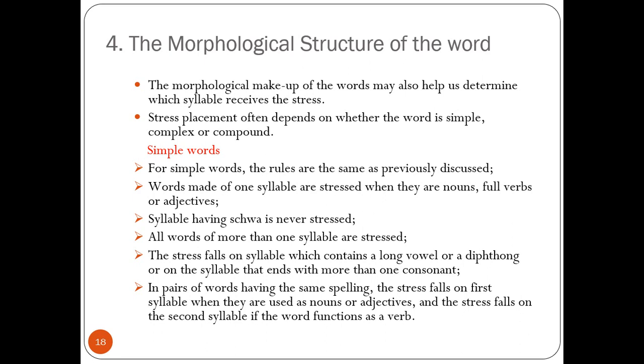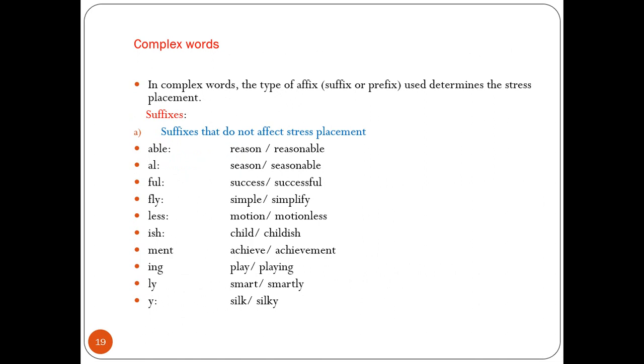And the final rule could be in pairs of words like homographs having the same spelling: the stress falls on the first syllable when they are used as nouns or adjectives. We have just discussed them. And the stress falls on the second syllable if the word functions as a verb. We have discussed even examples. Those were the rules for simple words.